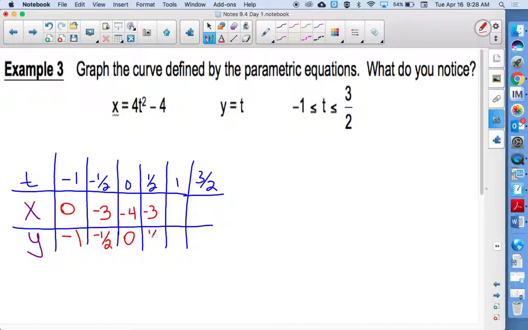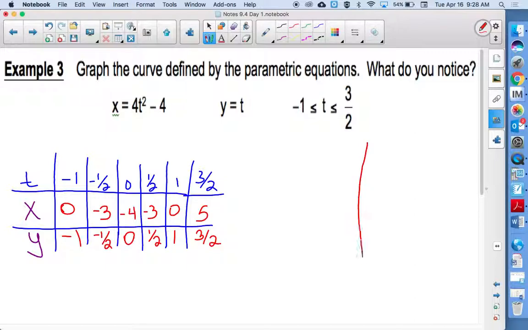Jacob got 1 is 0, and 3 halves was 5 and 3 halves. So these 6 ordered pairs are actually the same ordered pairs that we just had for the previous graph.